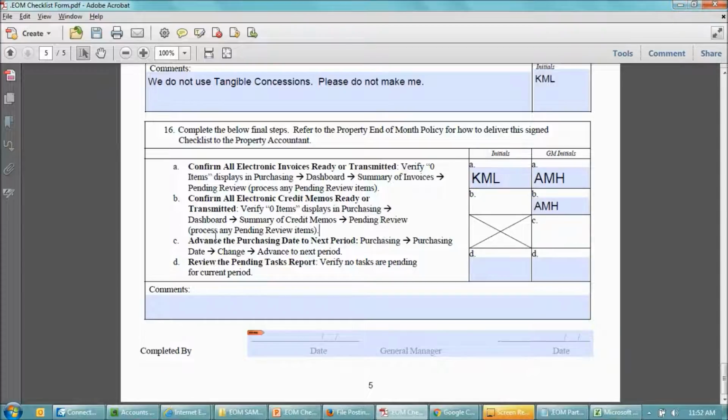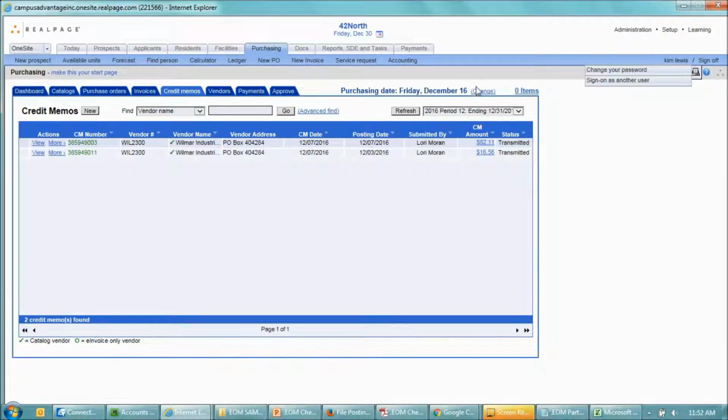Advance the purchasing date to the next period. The purchasing date is this date here, not to be confused with the property date up here. These two dates absolutely can be completely different, and they most likely will be.